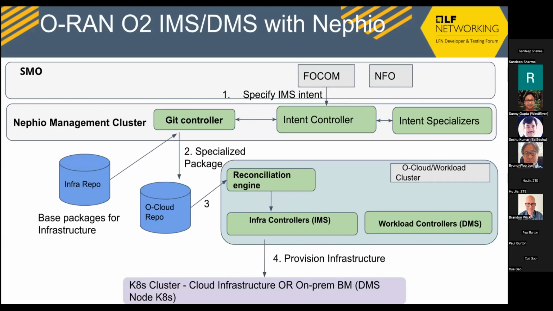In this case, the FOCOM specifies an IMS intent, which could be a request to create a Kubernetes cluster either on-prem, or on the cloud provider's managed Kubernetes cluster.